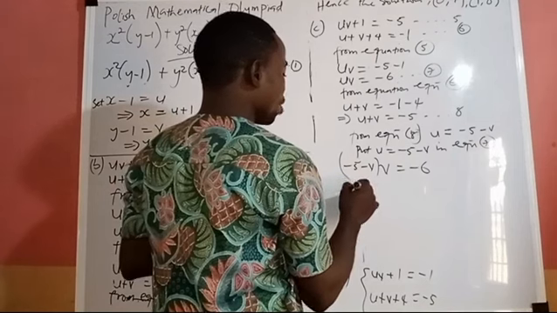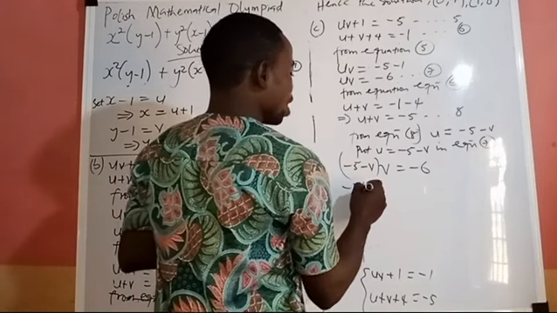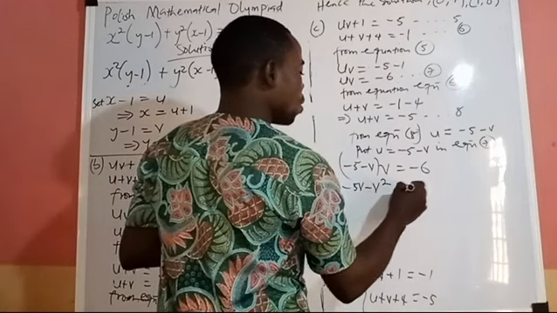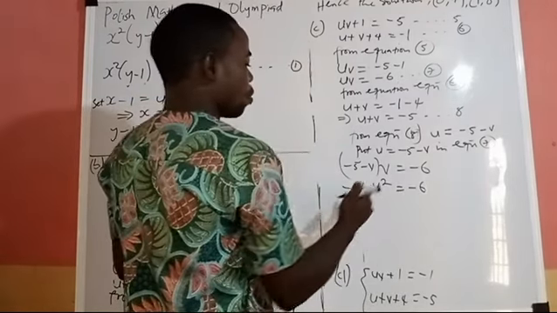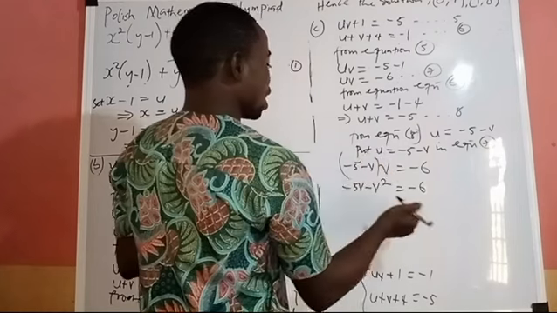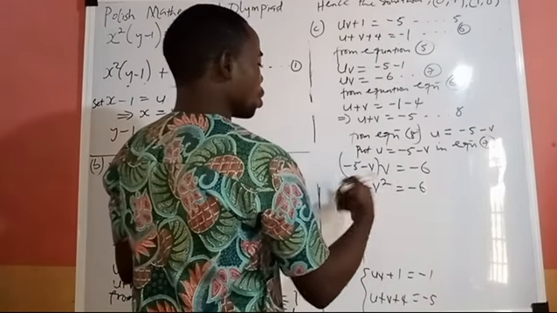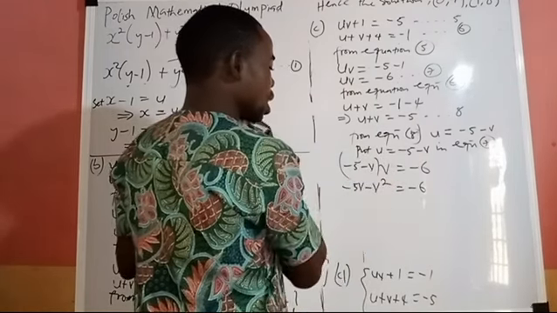So we are going to be having minus 5v minus v squared is equal to minus 6. Okay, so this is what we have. And then of course we can take these ones to the other side, or we just multiply it through by minus so that we now have a quadratic equation.